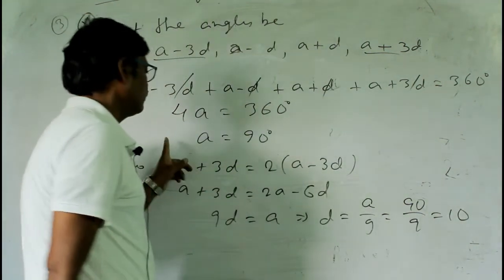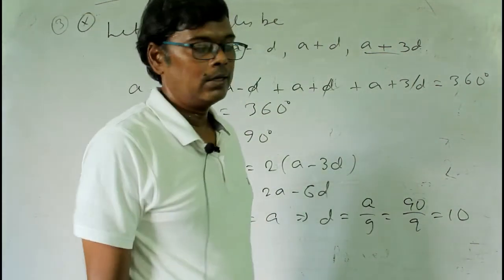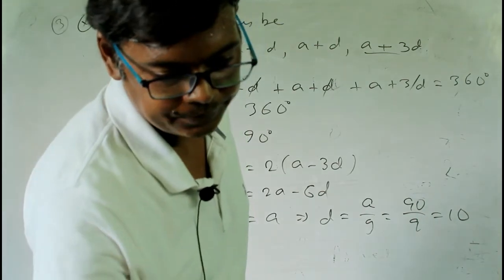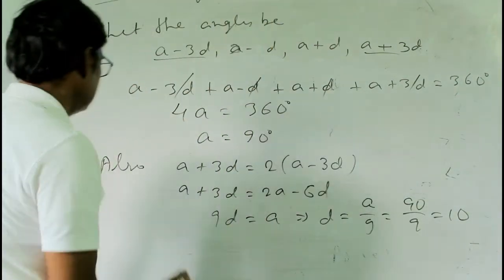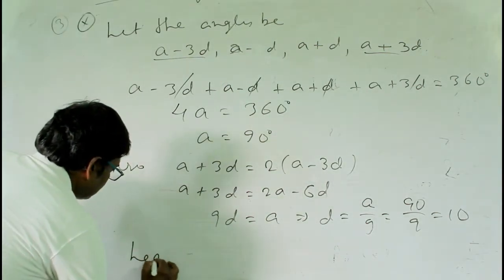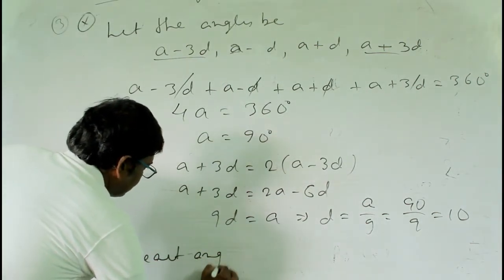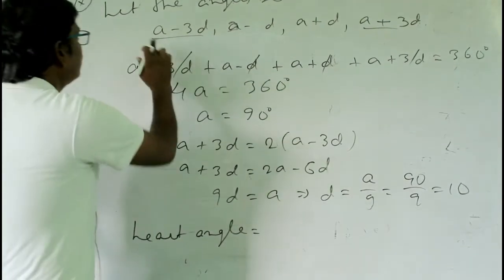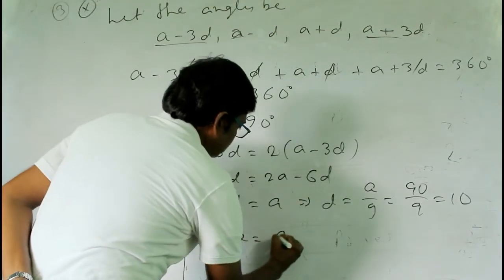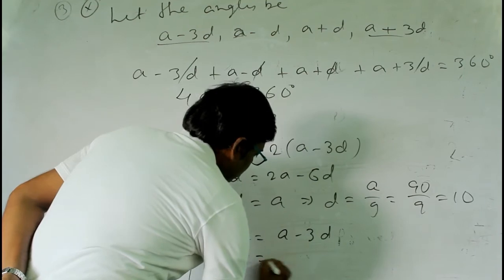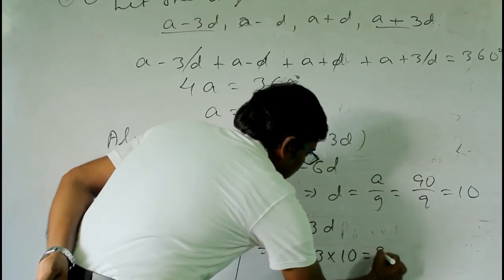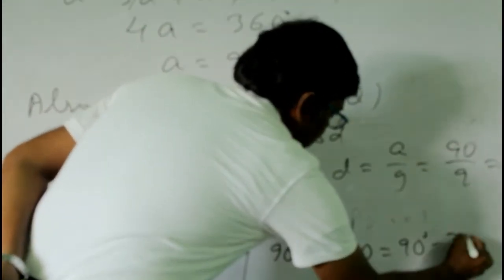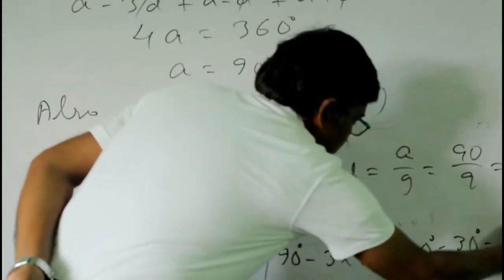So here we have found the value of A and D. Then we have to find the value of the least angle. So what is the least angle here? The least angle is equal to A minus 3D, so it is equal to 90 degrees minus 3 into 10, that is 90 degrees minus 30 degrees equal to 60 degrees.